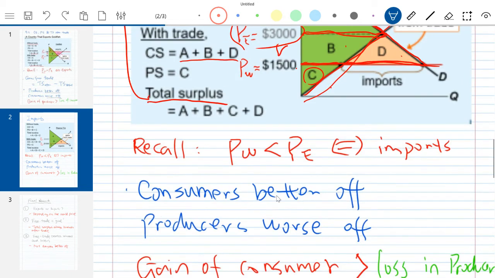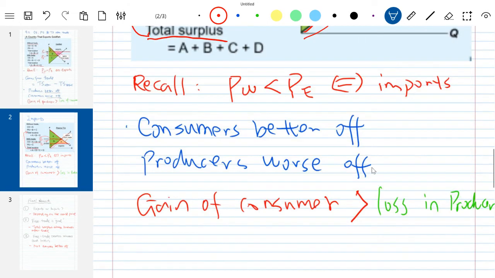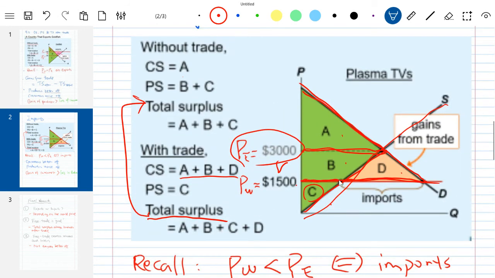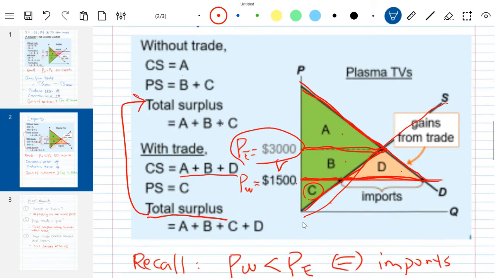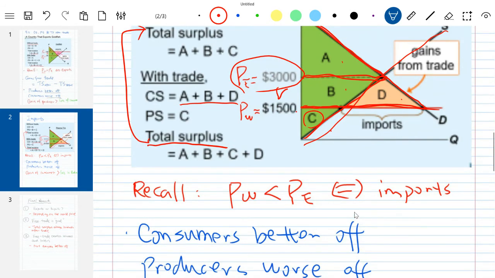So keep in mind that in this case, consumers get better off because everybody pays a lower price for plasma TV, but producers actually get worse off because they receive a lower price for selling the plasma TV. So before they received $3,000, but afterwards they only receive $1,500.